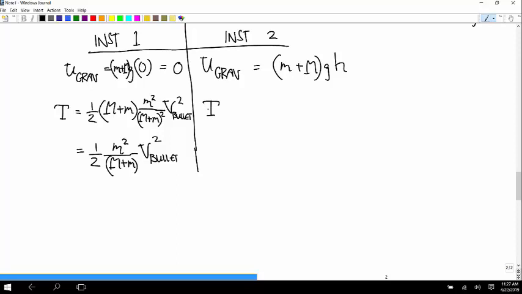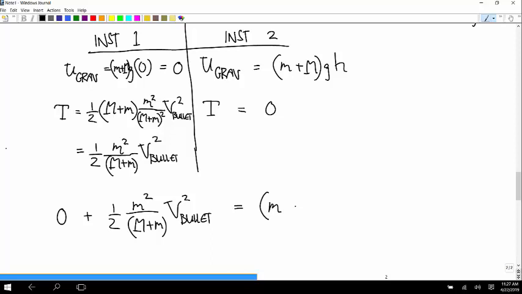Yep, it gets up, it's slowing down. Finally, it stops at the highest point, and so the kinetic energy there is 0. Now all we're doing is saying this and this, and setting it equal to this and this. That's what conservation of mechanical energy does. So 0 plus 1/2 times little m squared over big M plus little m times V bullet squared is equal to the quantity little m plus big M times g h.